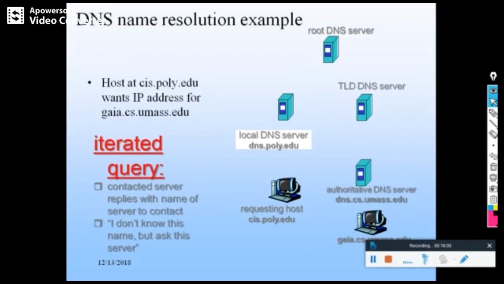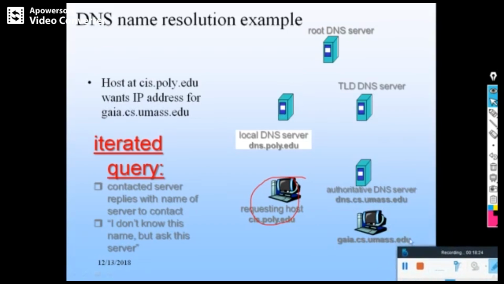You can see here the host at cis.poly.edu wants the IP address of this one. That means this host wants to contact this one.